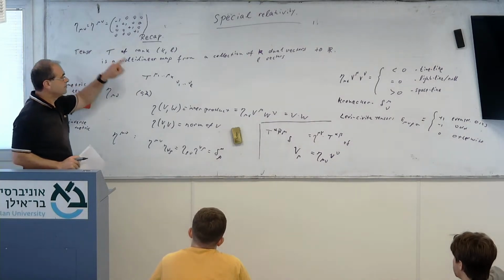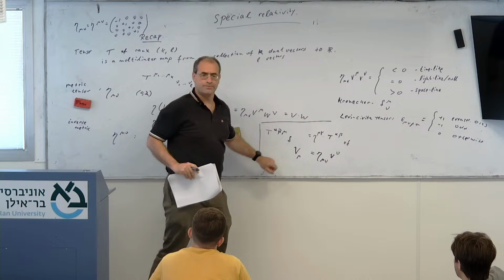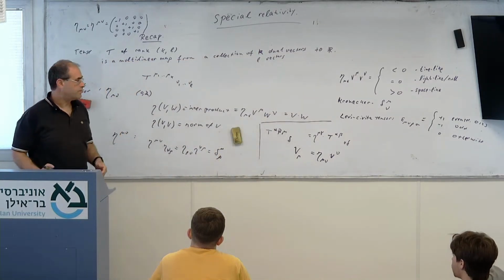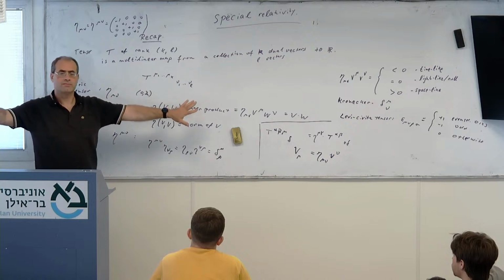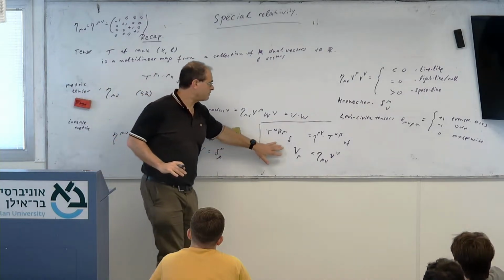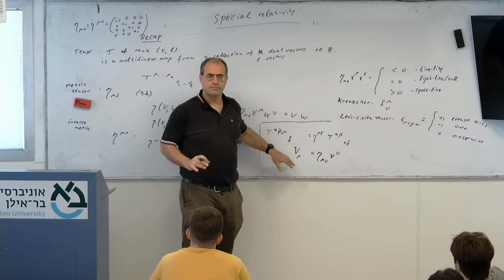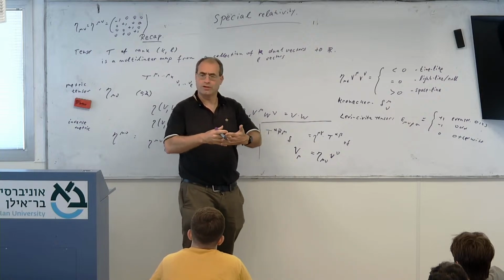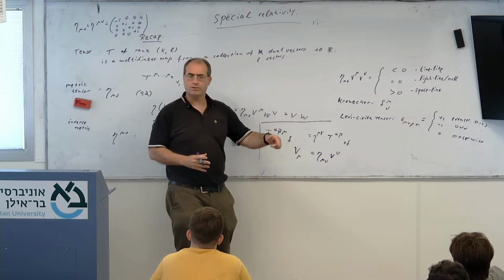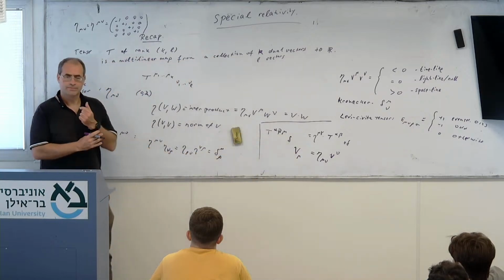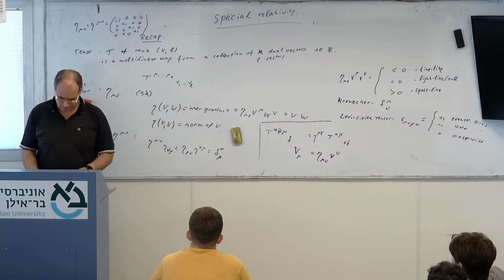Because of this minus, there is a difference. They're not the same. Conceptually speaking, as I said, they don't live in the same space. This lives in TP, this lives in TP star. They cannot merge together, they cannot be added like you can do with vectors.